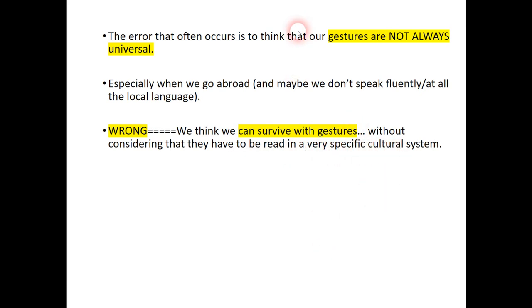In short, nonverbal language is not universal, like gestures. You need to understand the cultural system underlying body language or gestures.